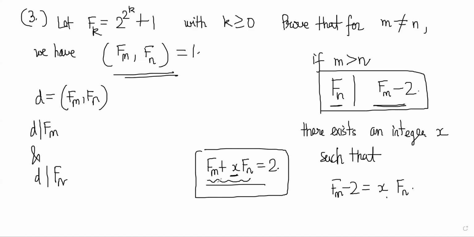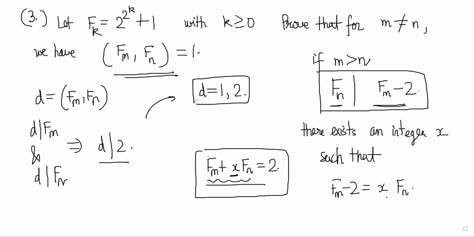So D should divide the combination of Fm and Fn, where x is an integer. So that means D completely divides the LHS, which implies that D divides 2, right? So if D divides 2, we know that D will be either 1 or 2. The only possibilities for D are 1 or 2.